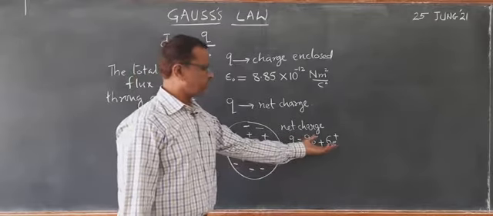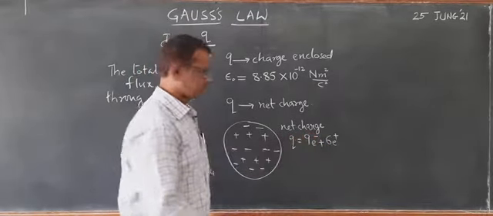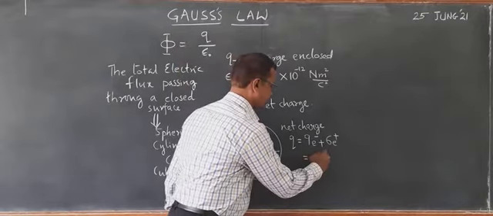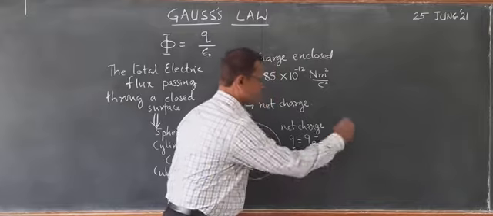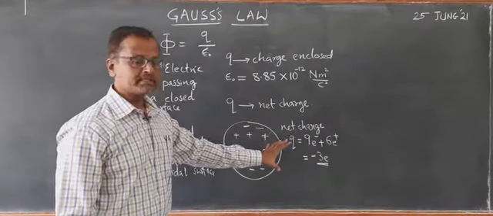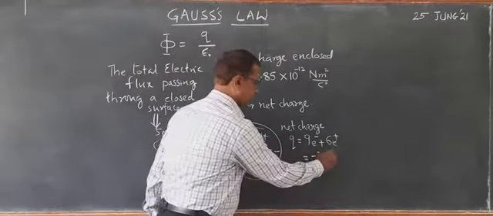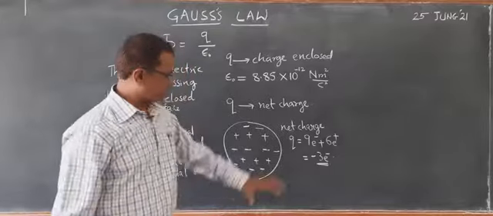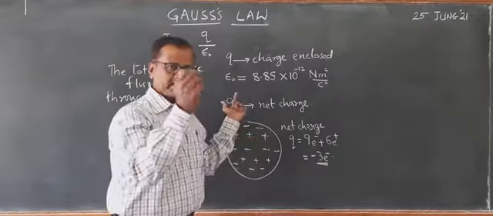So, if they are of equal in magnitude, then it becomes 9 minus 6, 3 E minus. It means the net charge is minus 3 that of electrons. Therefore, net charge when it is negative, the flux linking with this surface is inwards and it will be negative flux.